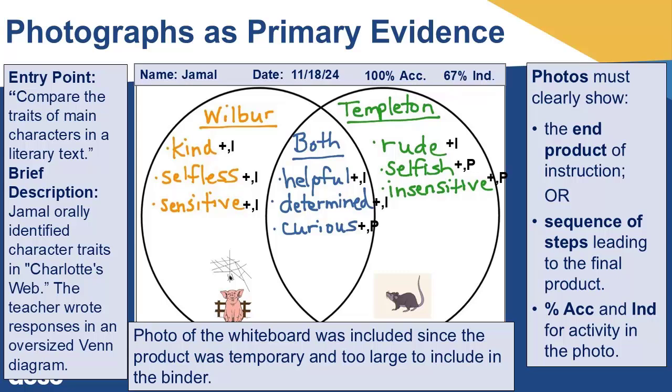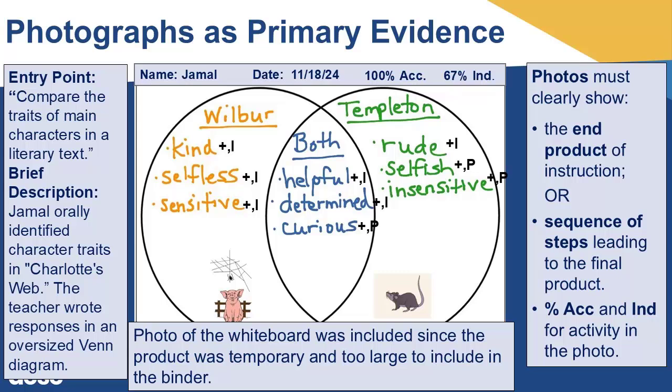You can take a picture. So in this case, the entry point is to compare the traits of main characters. And the brief descriptions talk about Jamal orally identifying character traits, and the teacher wrote them in the appropriate responses in the oversized Venn diagram.